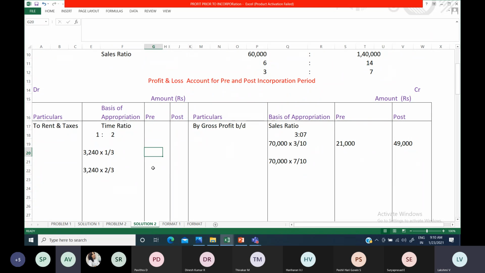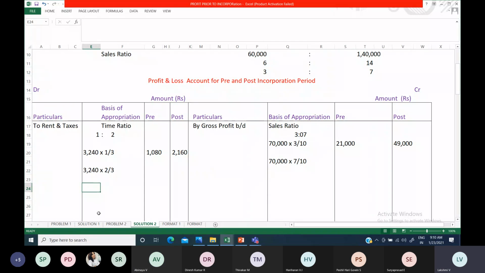Just find out 1,080. Okay. Again for the post column, 3,240 into 2 by 3. So find out how much amount is coming. 2,160, ma'am. Okay, good.